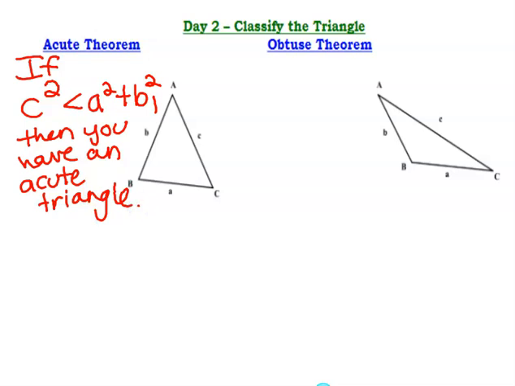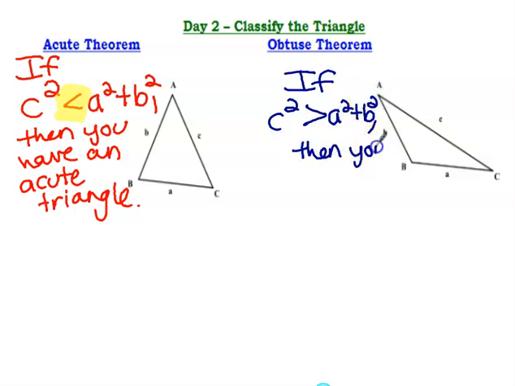What really matters is the symbol. The 2 legs are bigger than the hypotenuse. For this one, what would be the opposite? If c squared is greater than a squared plus b squared, then you have an obtuse triangle.